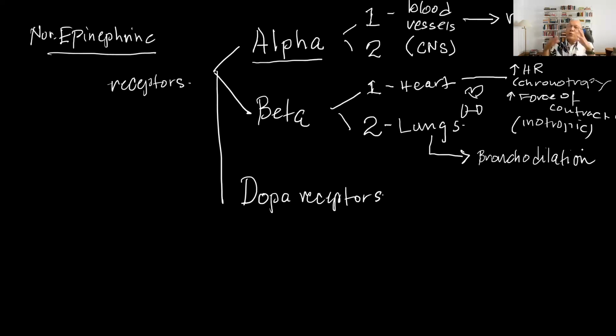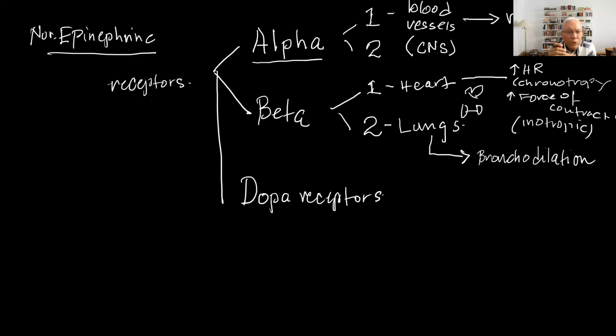Okay, so in summary, when epinephrine is released by the adrenal glands, it circulates and may enter into alpha doors, and alpha doors are of two kinds, alpha 1 and alpha 2. Alpha 1 receptors are abundant in the vascular bed or smooth muscles, and alpha 2 is abundant in the central nervous system. So these are the neurotransmitters, if you remember, in psych.